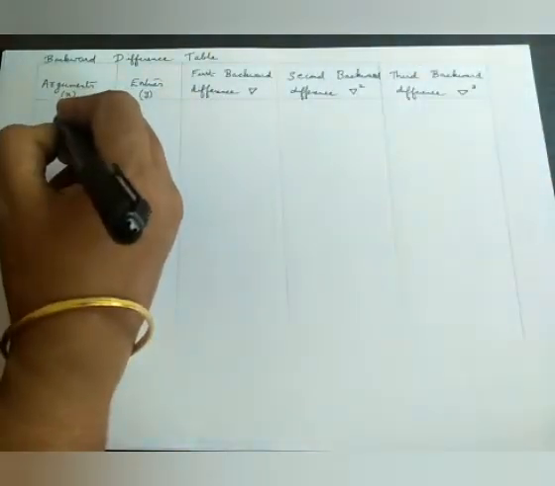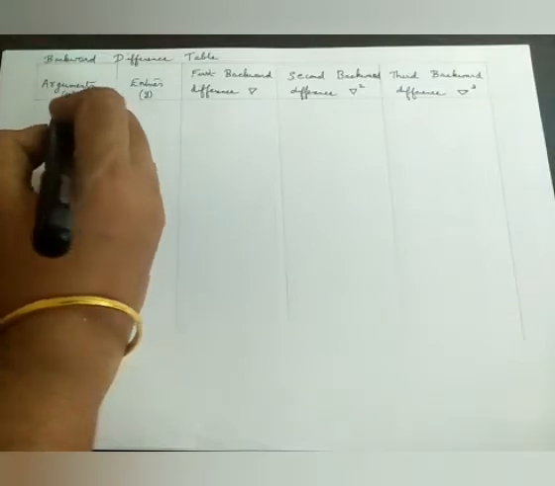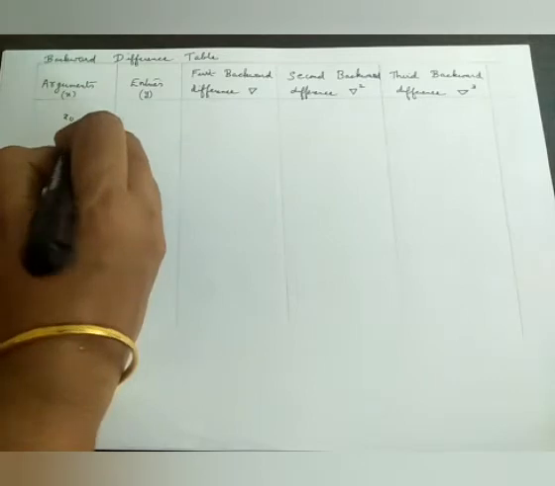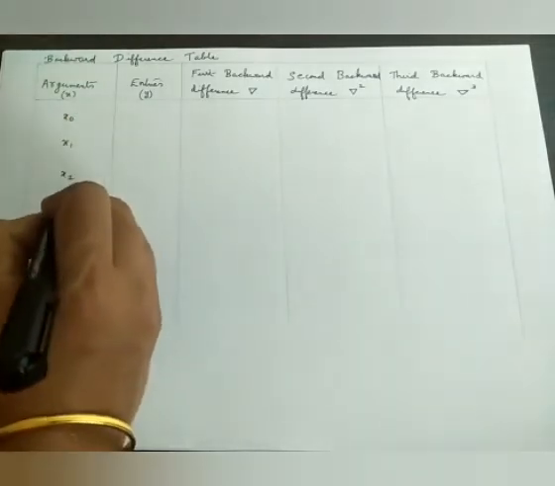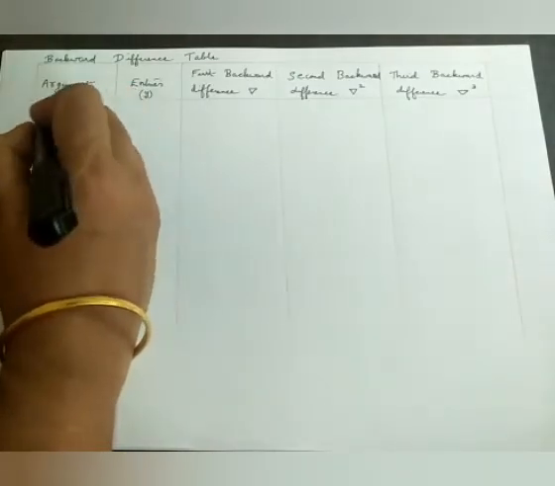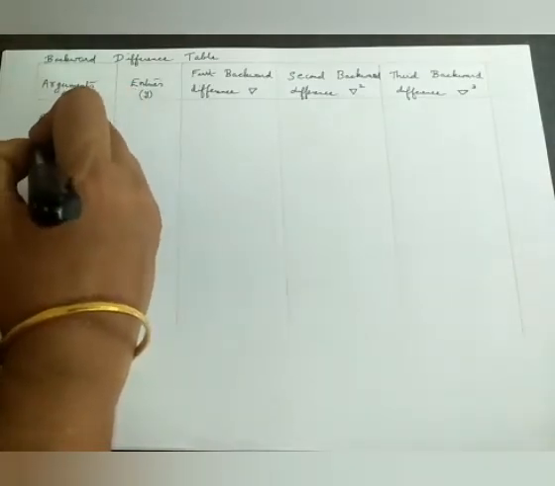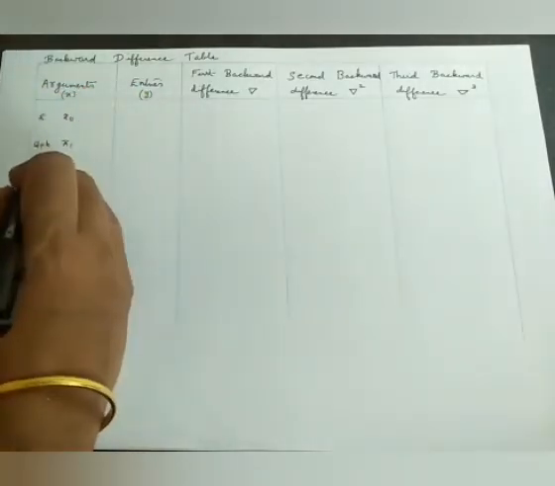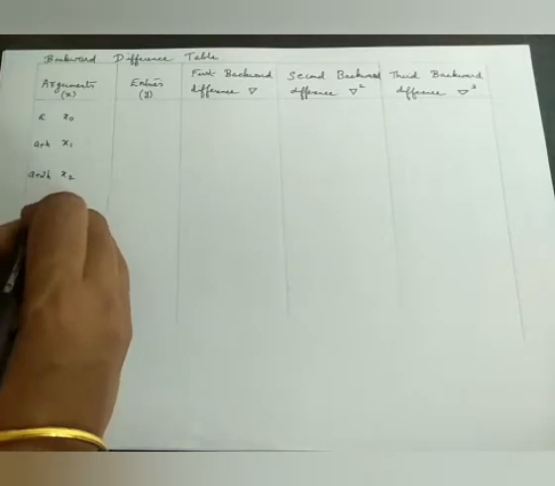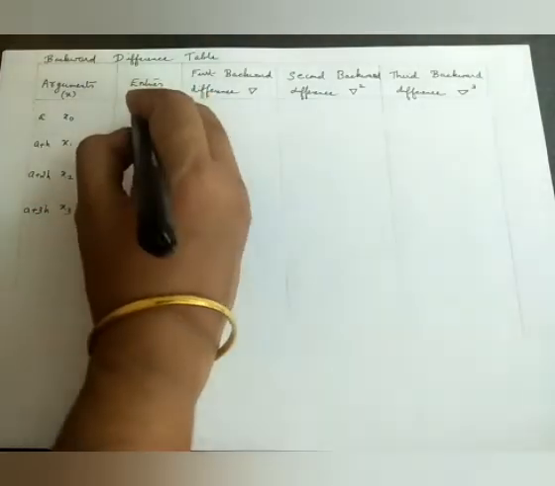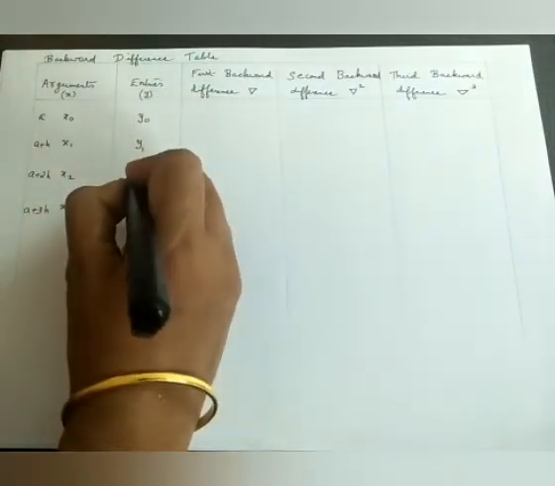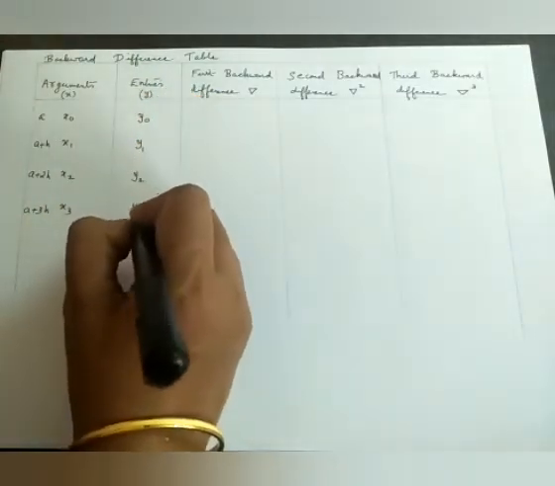Now the arguments or the values of x can be denoted as x0, x1, x2 and x3, or it can be denoted by a, a plus h, a plus 2h, a plus 3h, etc. Corresponding entries can be denoted by y0, y1, y2 and y3.